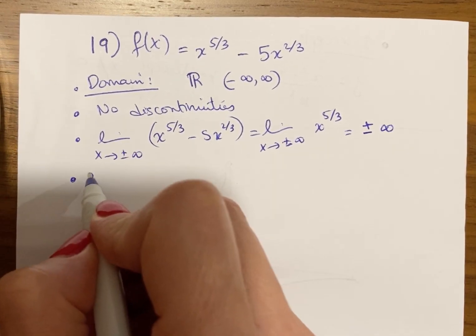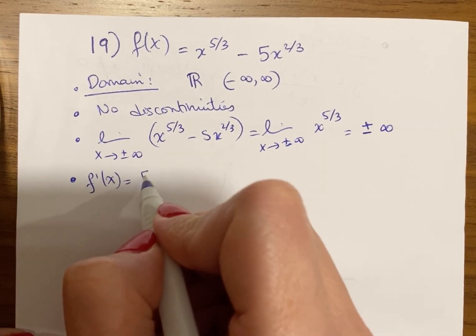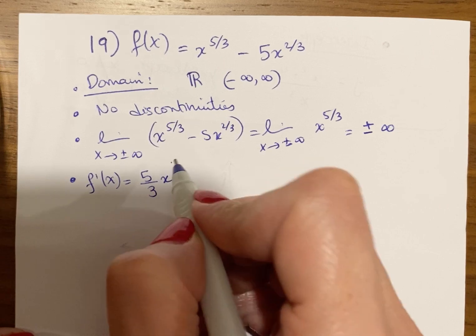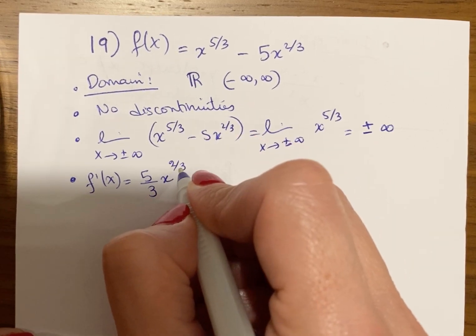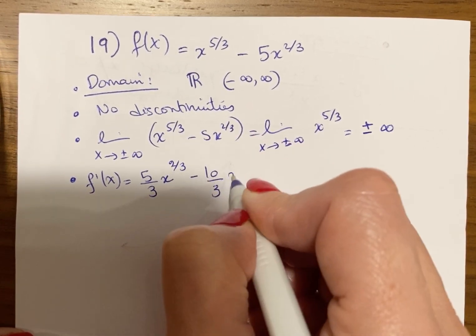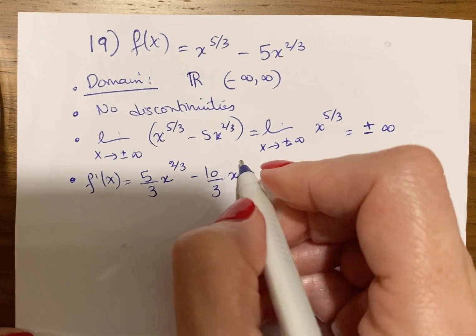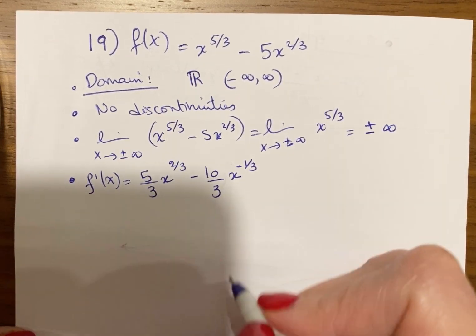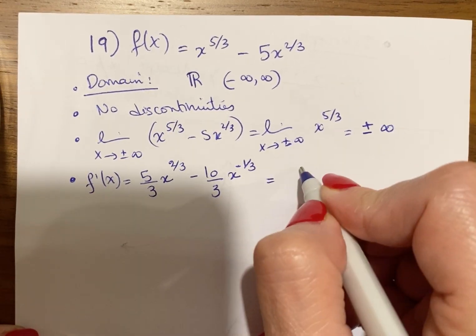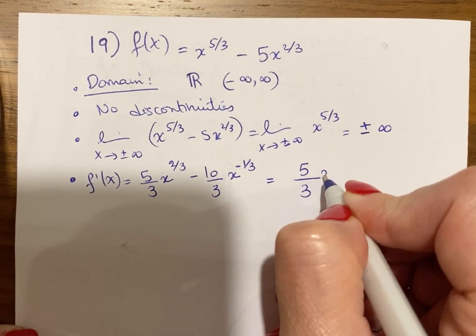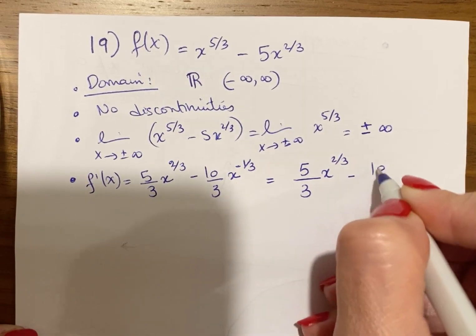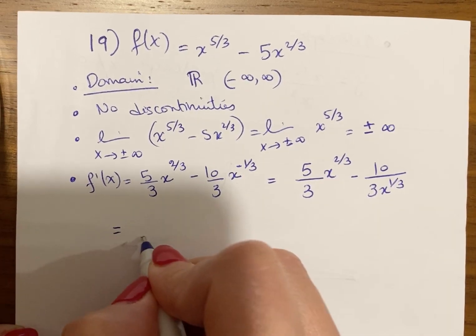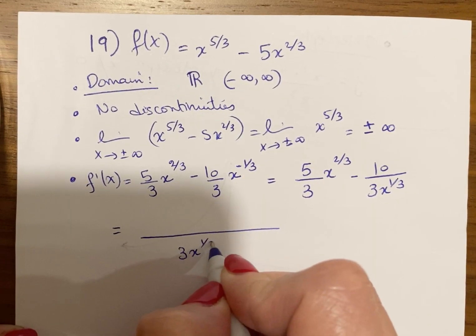Now we look at the derivative. 5 over 3 x to the power 5 over 3 minus 3 over 3, minus 1, which is 2 over 3, minus 10 over 3 x to the power 2 over 3 minus 1, it is minus 1 over 3. We said that this is not convenient, it has to be in simplest form, meaning that you drop this power down, so that the next step would be taking a common denominator.